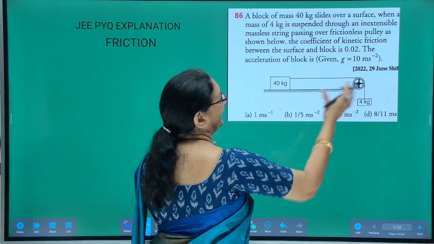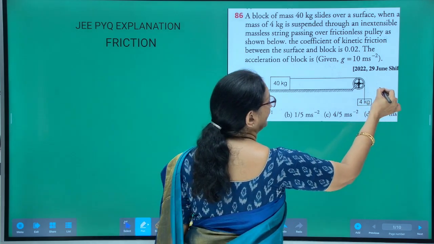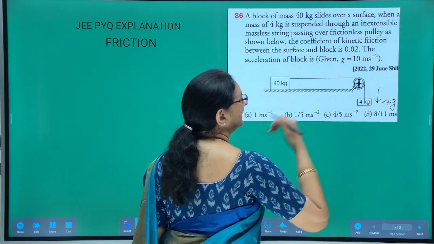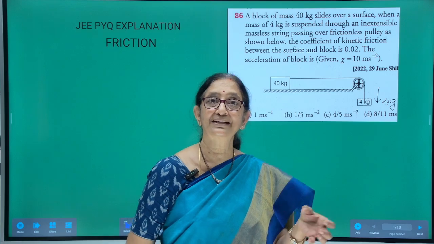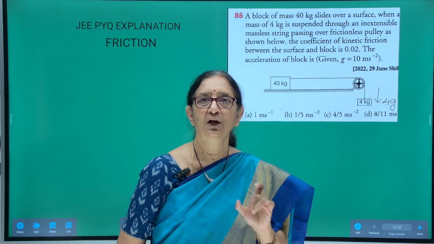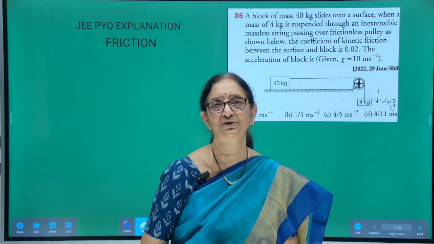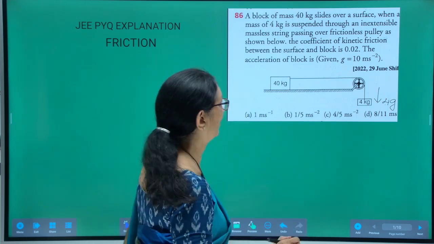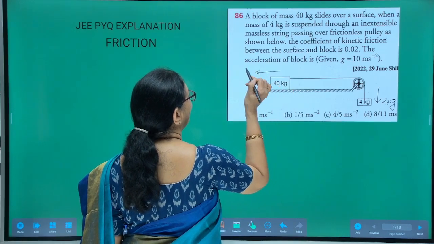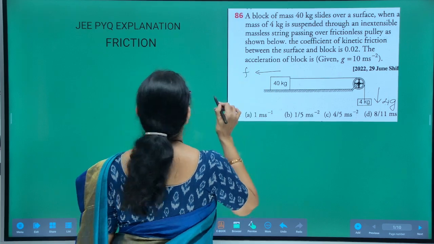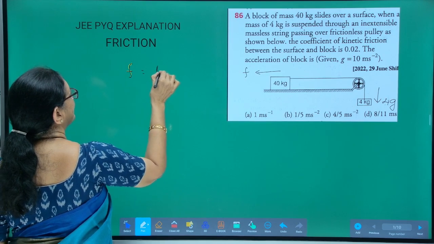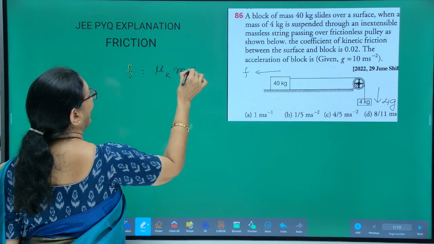Here this is the entire system and its weight mg acts in the vertically downward direction that tries to set the system into motion. Friction comes into play whenever there is relative motion between the two surfaces of contact to oppose the motion. So, friction comes into play in this direction and the frictional force on a horizontal surface is equal to mu k mg.